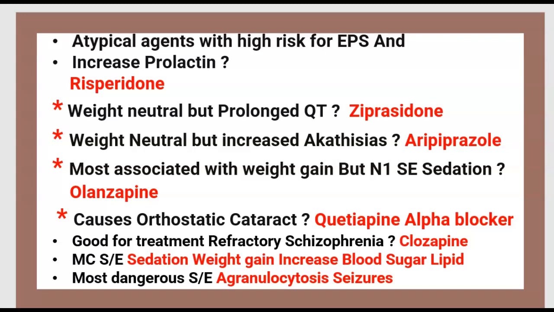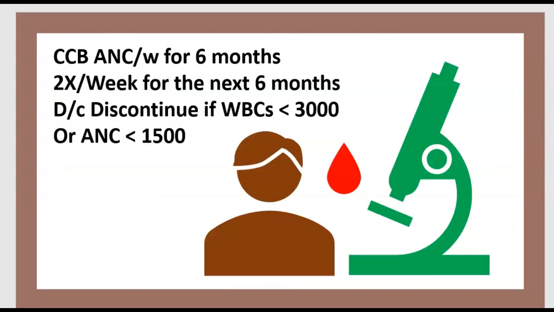Causes orthostasis and cataract, quetiapine, alpha blocker. Good for treatment-refractory schizophrenia, clozapine. Most common side effects: sedation, weight gain, increased blood sugar, lipid. Most dangerous side effect: agranulocytosis and seizure. CBC every week for the first 6 months, then every 2 weeks for the next 6 months. Discontinue if WBC less than 3,000 or ANC less than 1500.